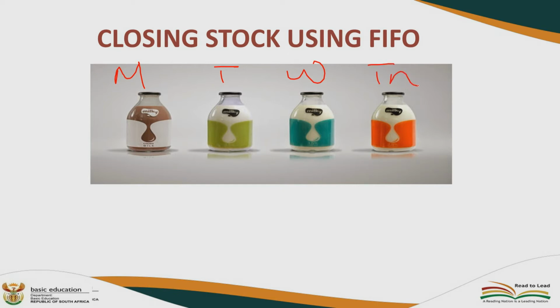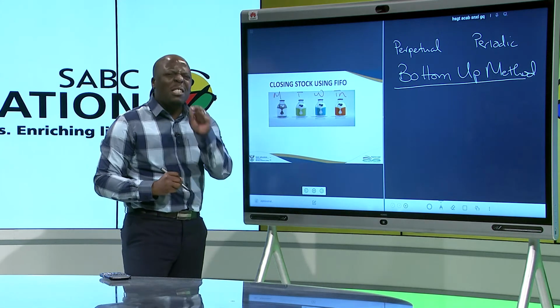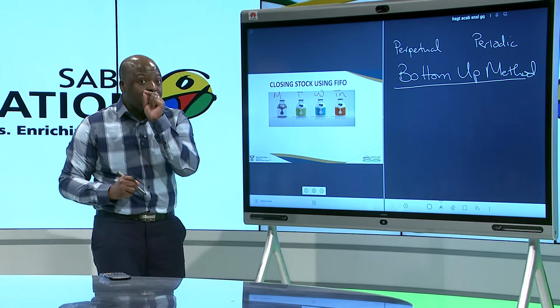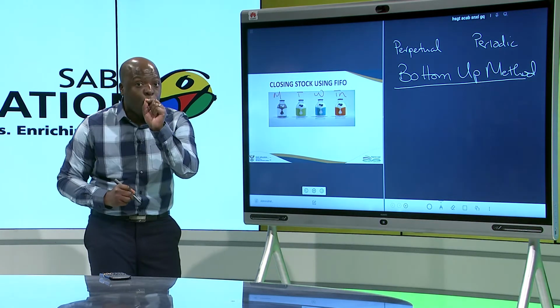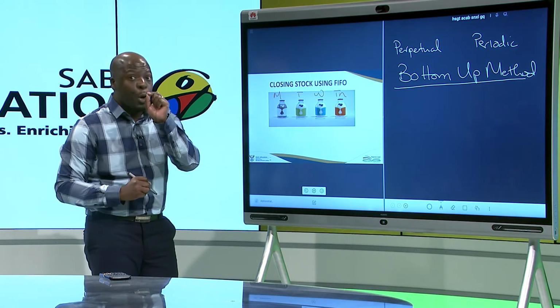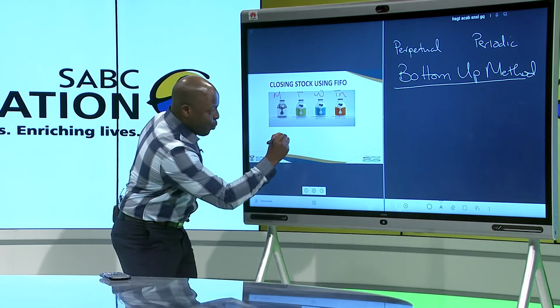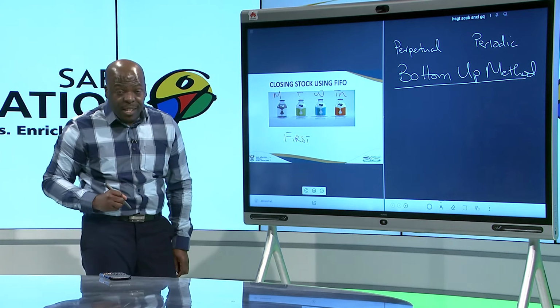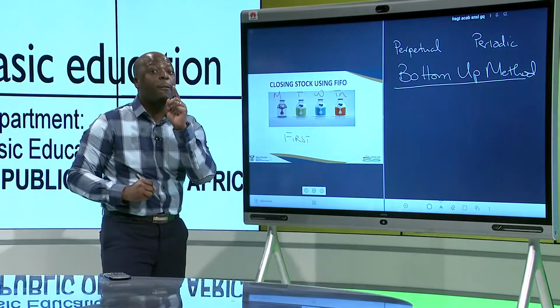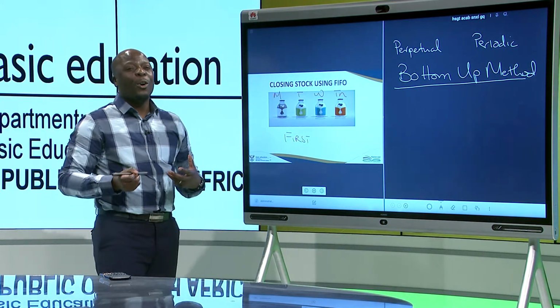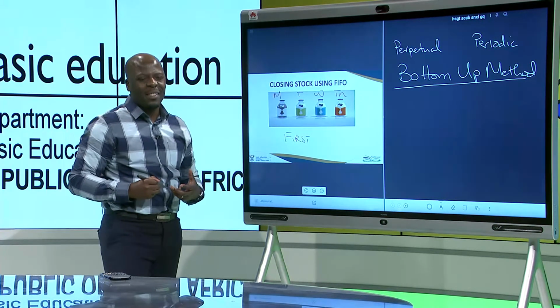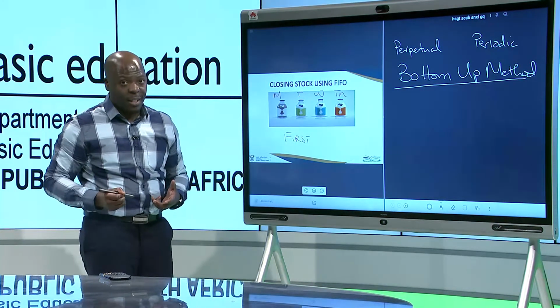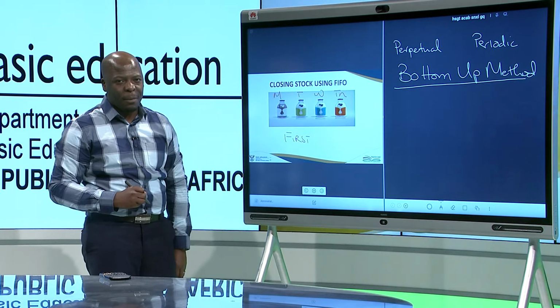Now, when we are selling, it is very important that you understand that you can only sell what you bought first. What you purchased first is what you're going to sell first. So when customers come to the business, they want to buy milk. Which bottle of milk are they going to buy?